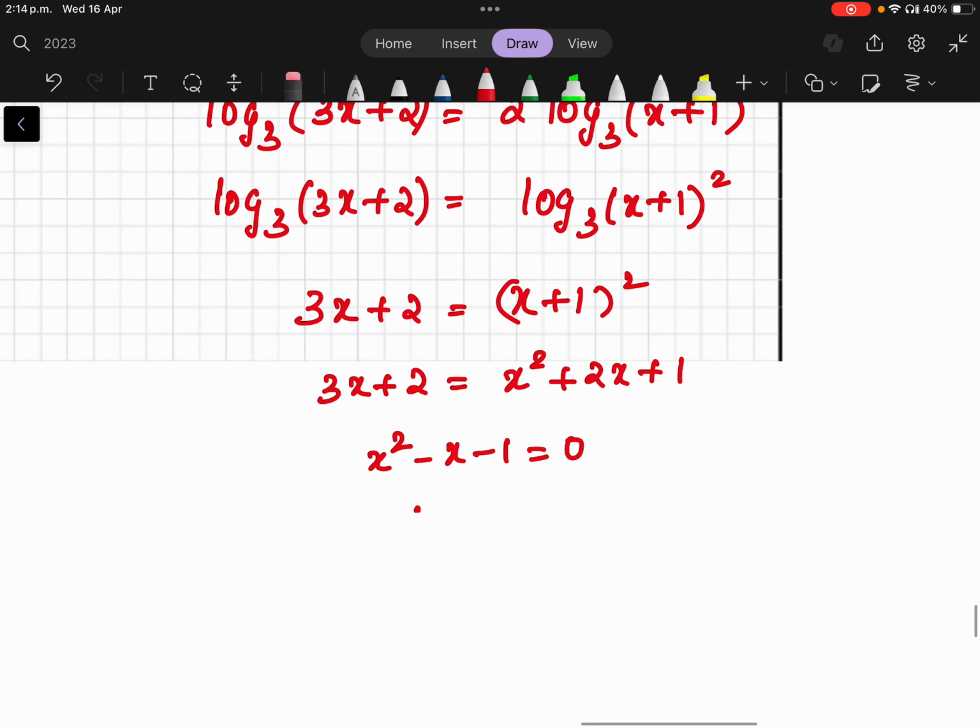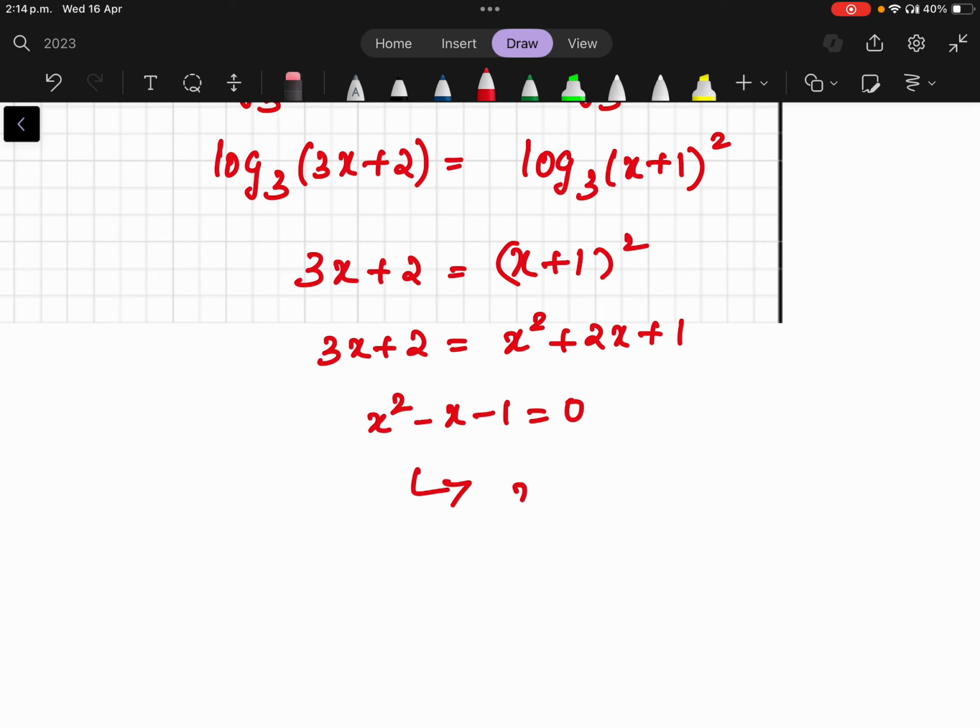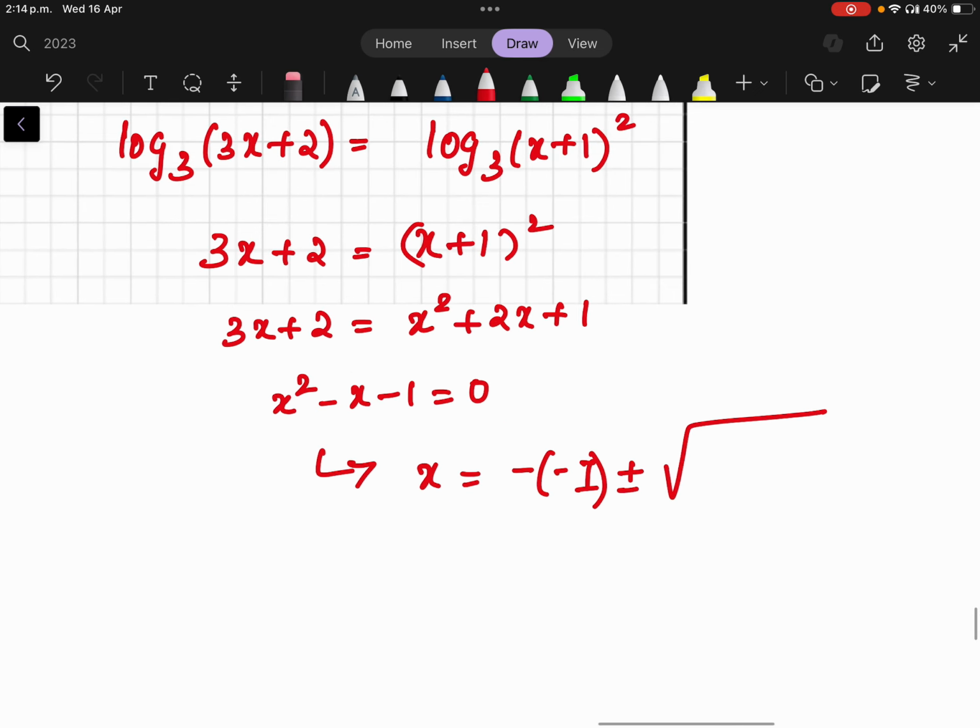And then factorize. You will not be able to directly factorize, so you will have to use the minus b formula. That is, minus of minus 1, plus or minus the square root of (minus 1) squared minus 4 times 1 times minus 1, divided by 2 times 1.